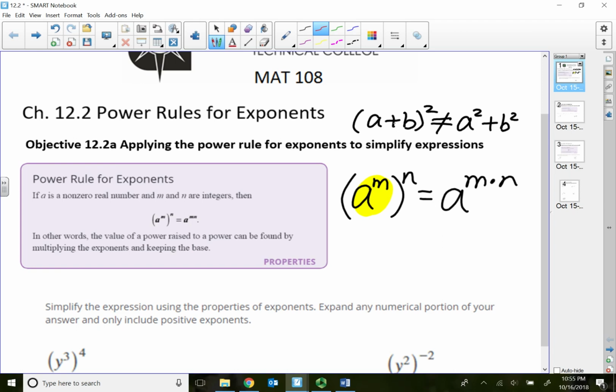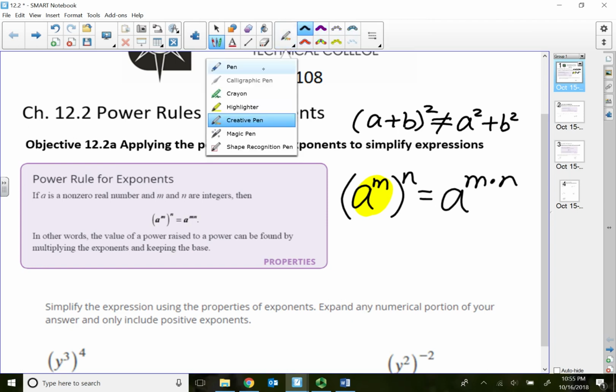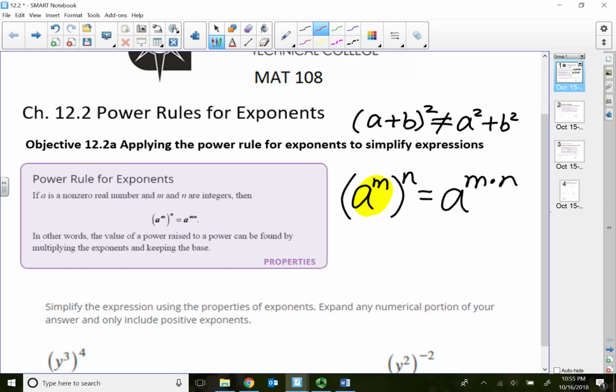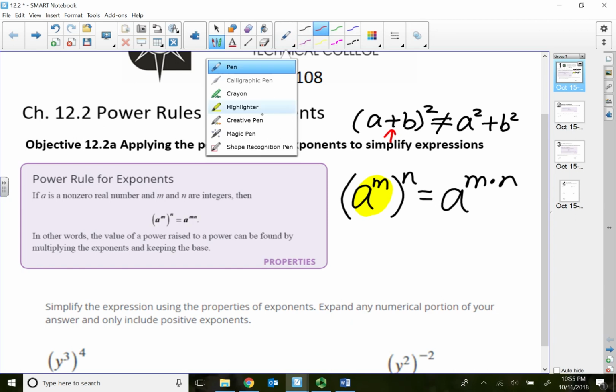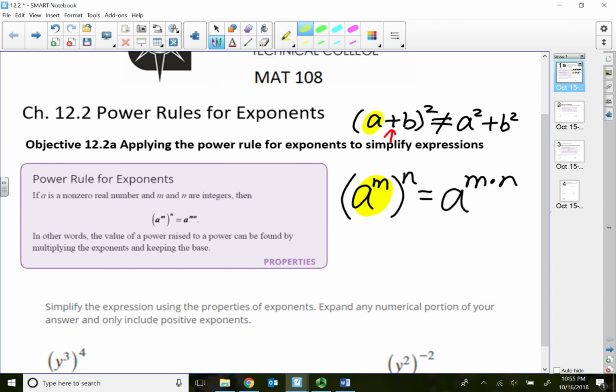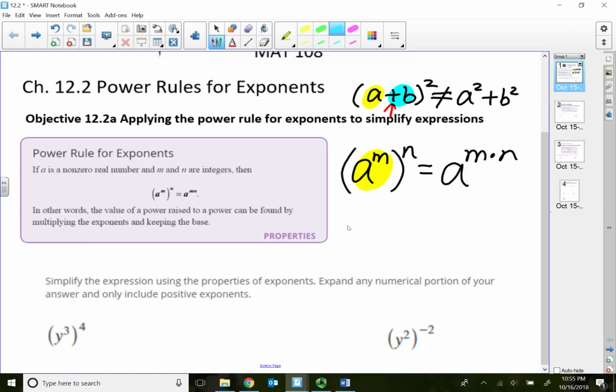I see a parenthesis, I see an exponent outside, so should we multiply the exponent? The answer is no in this case, because inside the parenthesis there's a plus sign, which means I've got two terms. So the exponent rule we are introducing here only applies if I only have one term in the parenthesis.